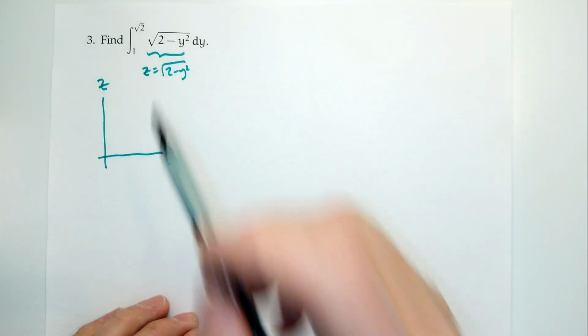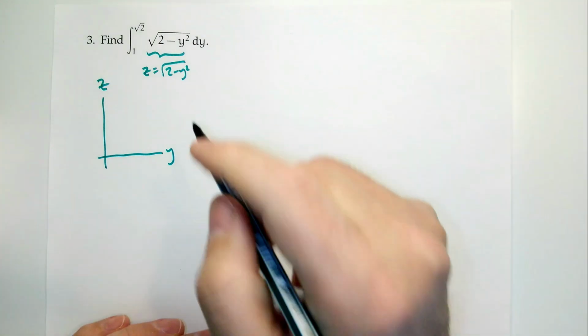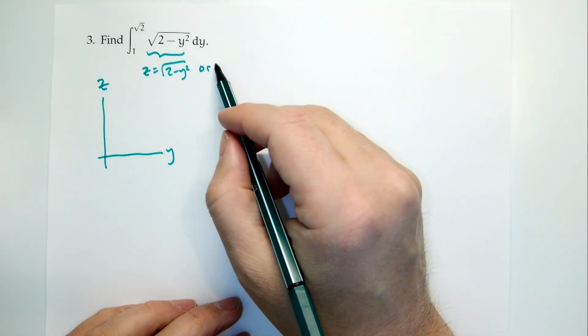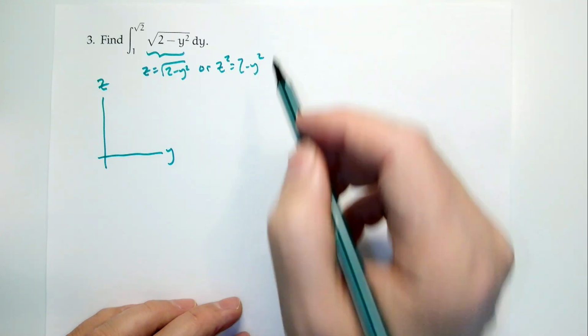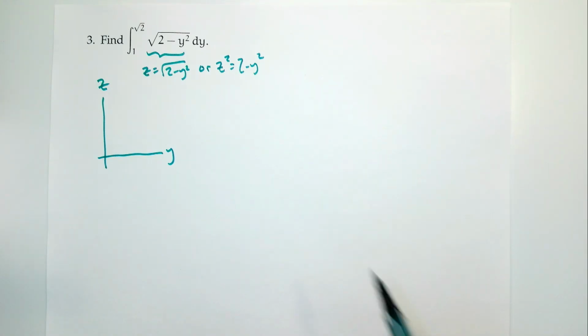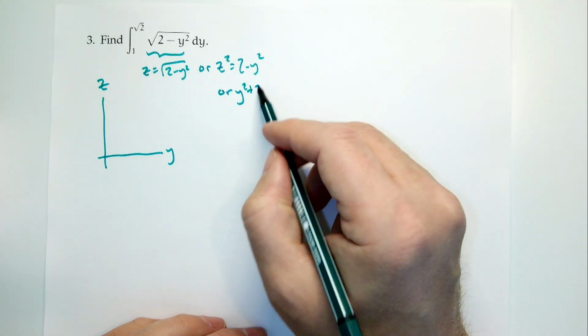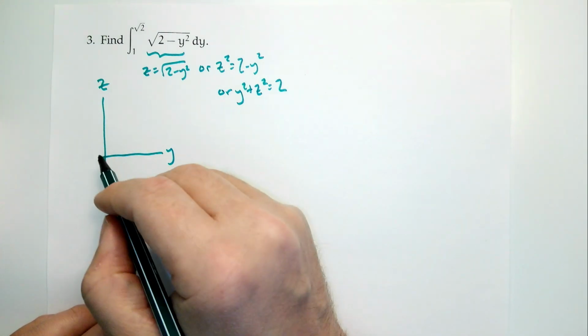Do you recognize what that would be? It's not so clear right away, but if you get rid of the square roots, because I think square roots oftentimes throw us off, z squared equals 2 minus y squared, or we could say y squared plus z squared equals 2. That we do know.